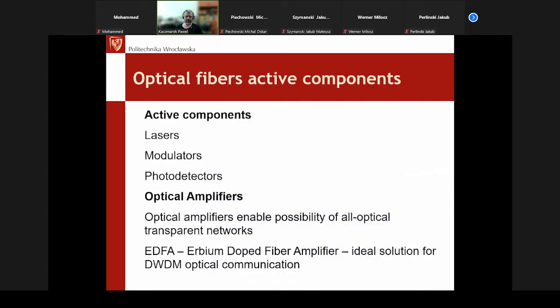The next quite big group of optical fiber elements are the active components of fiber systems. We can have two main groups. The first one is mostly connected with sources and detectors, and the other big group, which is all the time developing, is optical amplifiers.